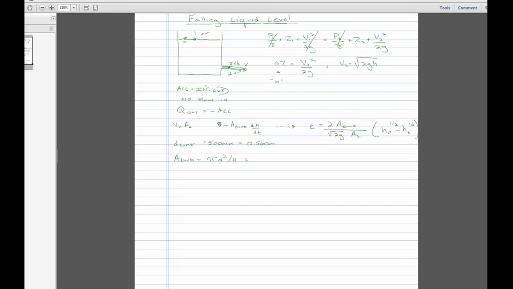If you pop that into your calculator, you'll get that the cross-sectional area of the tank is 0.19635 meters squared. We'll do the same thing with the orifice. The diameter of the orifice is 0.15 meters, and so the area of the orifice we can find with pi d squared divided by 4. It is 0.017671 meters squared.